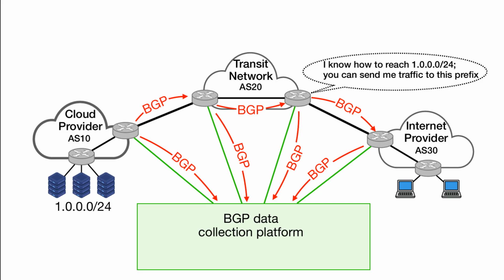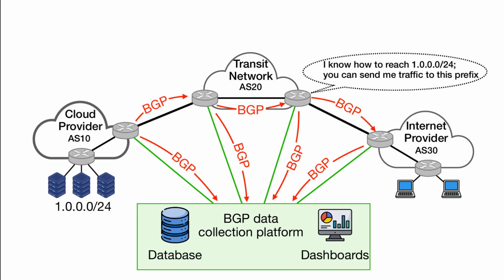So the platform collects these routes and updates and stores them into a database, and most of these platforms then provide access to this data for analysis, and some also offer browser-based dashboards that help users quickly identify insights and trends in the data.